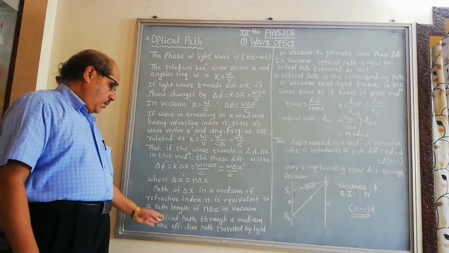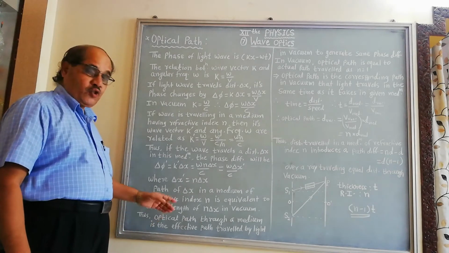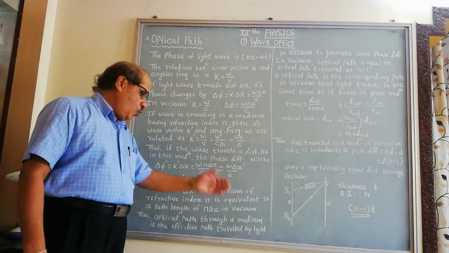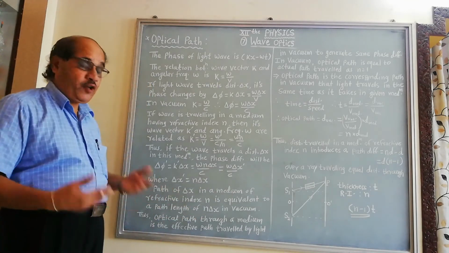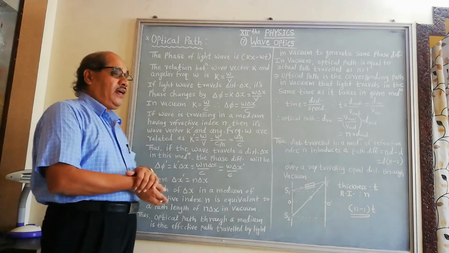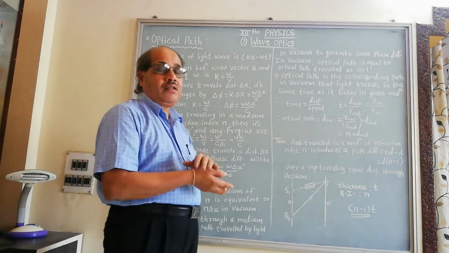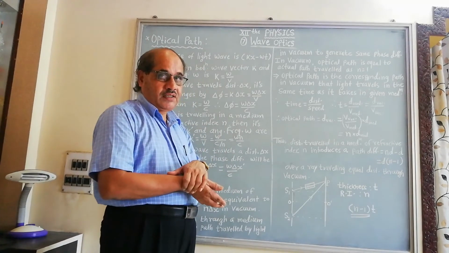Thus, we can also say the optical path through a medium is the effective path traveled by light in vacuum to generate the same phase difference.